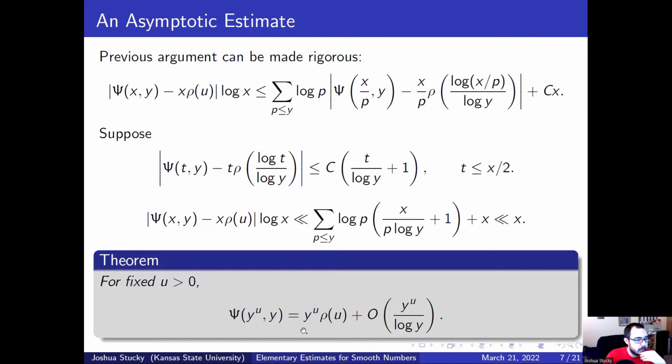Okay, so this is a fairly preliminary estimate. Now, one thing to say is that this is only a valid asymptotic so long as u is basically constant. If u starts to get very, very large, there's no way this can remain true as an asymptotic, because this is like 1 over u to the u.